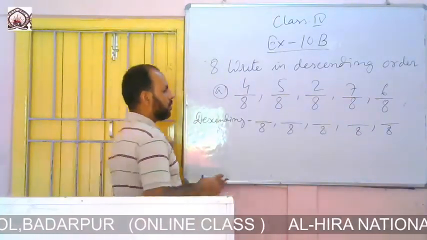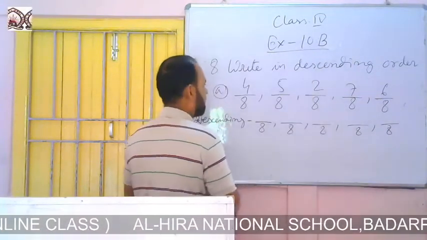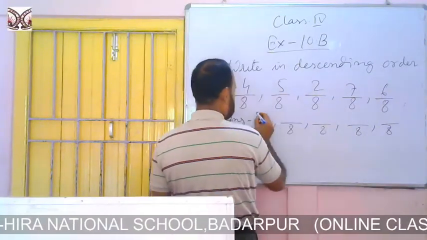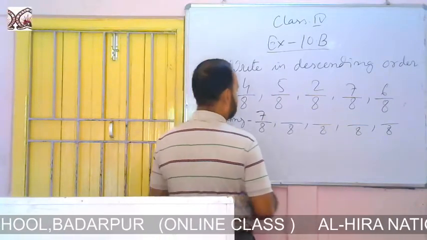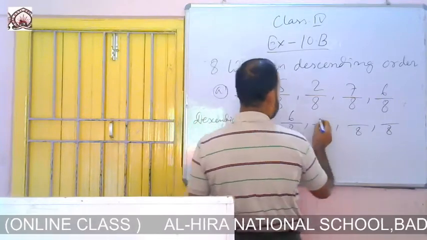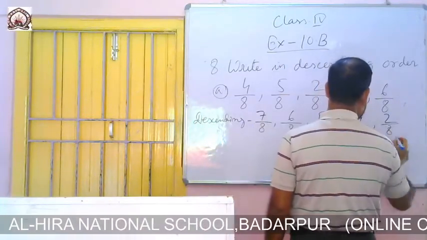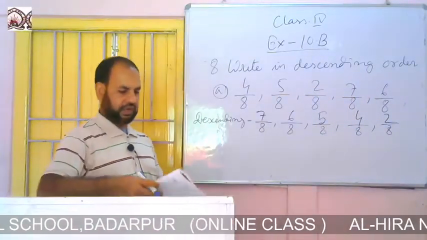Now all numerators we arrange in descending order. So here first which one? 7 by 8 is the greatest fraction among the fractions. Next 6 by 8, next 5 by 8, next 4 by 8, next 2 by 8. So this is the descending order.